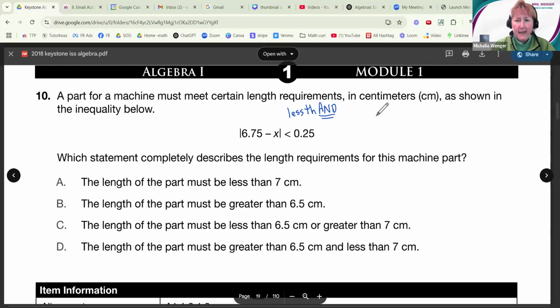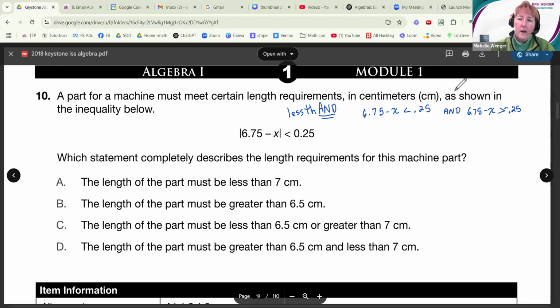Okay, so when I set this up, I'm going to set up 6.75 minus x is less than 0.25. And this other part has to be true too. 6.75 minus x, and what happens is you change this to a greater than sign, and then you change this to negative 0.25.